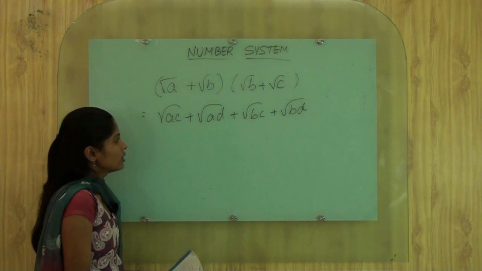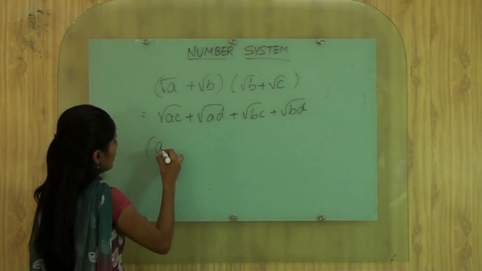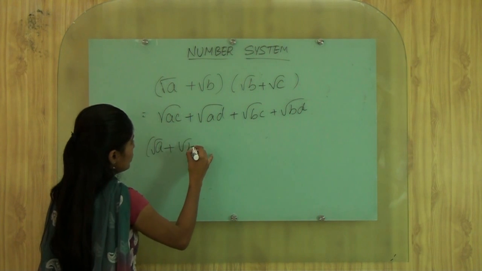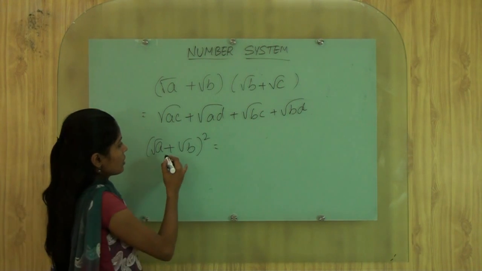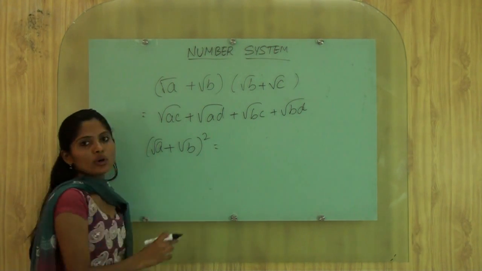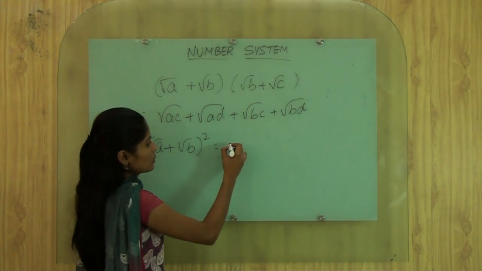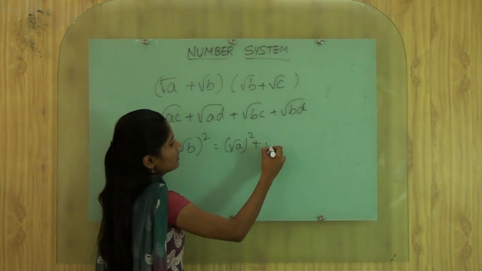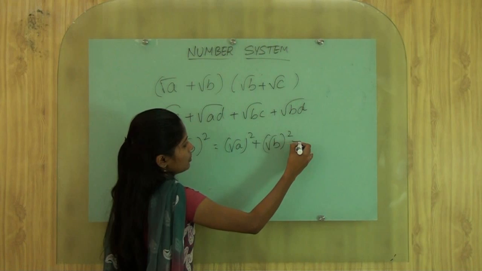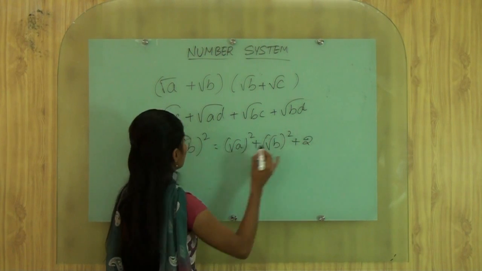And you have one more, root a plus root b whole square is equal to, this is a plus b whole square. How do you write? A square plus b square plus 2 into what is a?